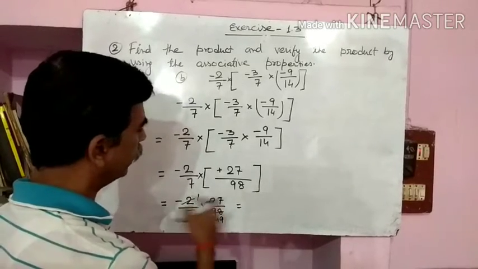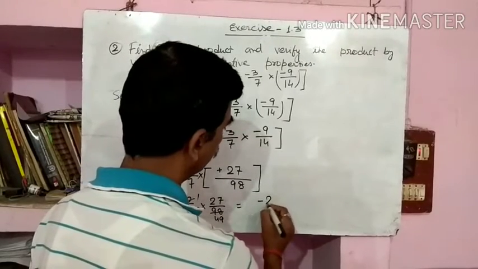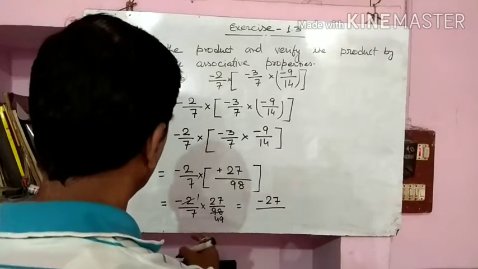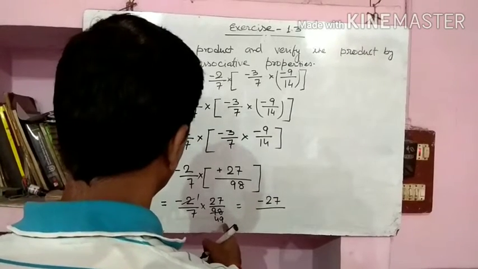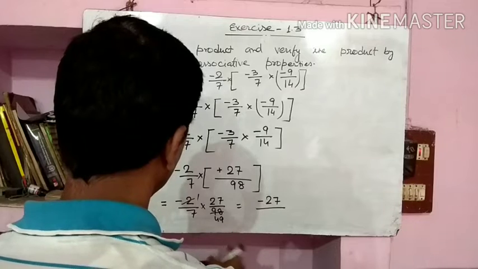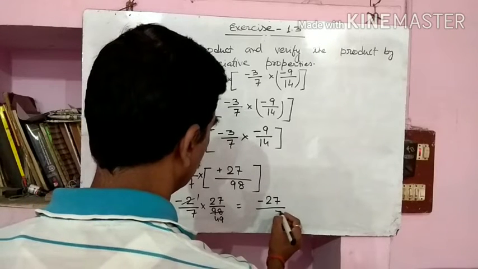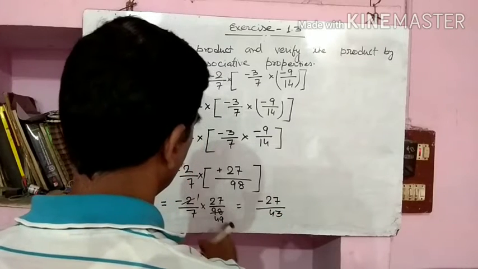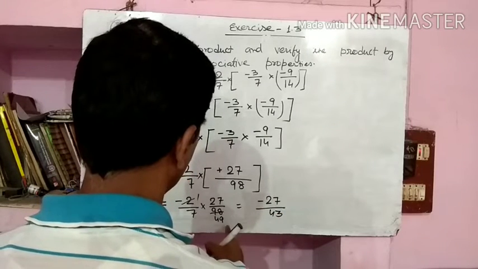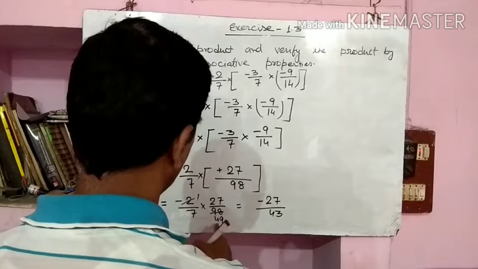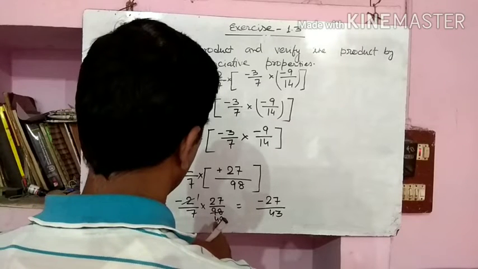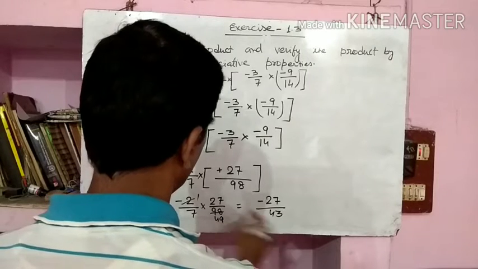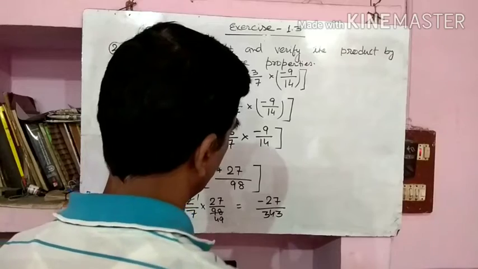So what you will get is minus 1 into 27, it becomes minus 27, and this one 49 into 7 is 343.